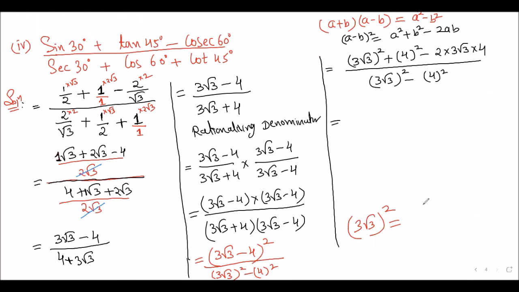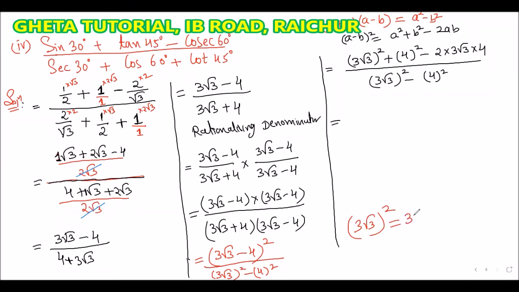Listen here: 3 root 3 you have to multiply 2 times, 3 root 3 into 3 root 3. 3 times 3 is 9, and root 3 into root 3 is 3, so 9 times 3 is 27. So 3 root 3 whole square is 27, plus 4 square is 16, minus.